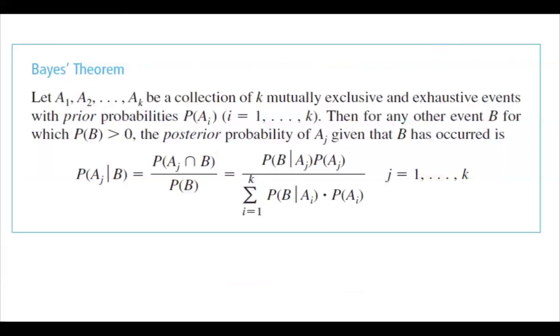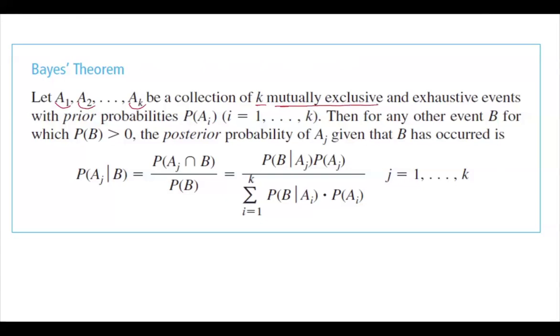An important theorem is called Bayes' theorem. Suppose A1, A2, A3, up to AK are a collection of K mutually disjoint events.